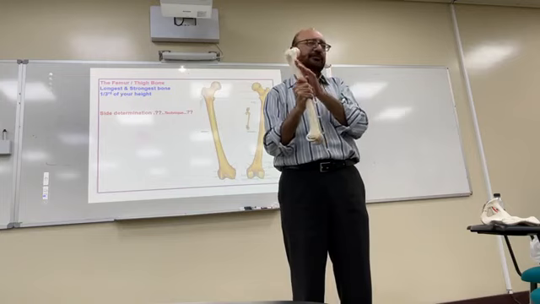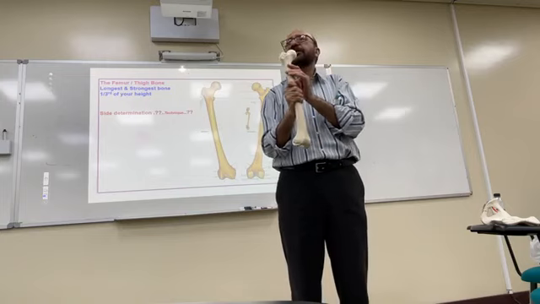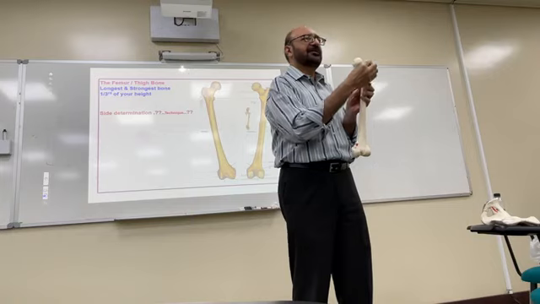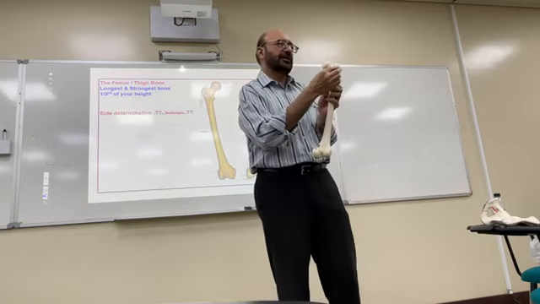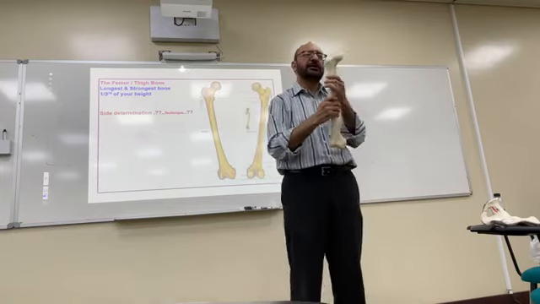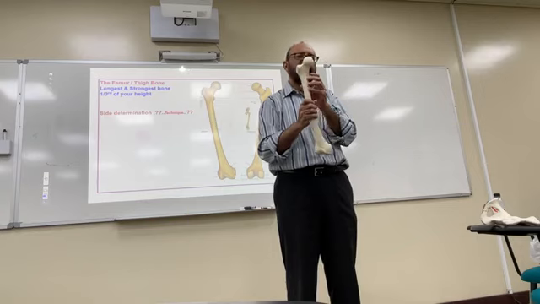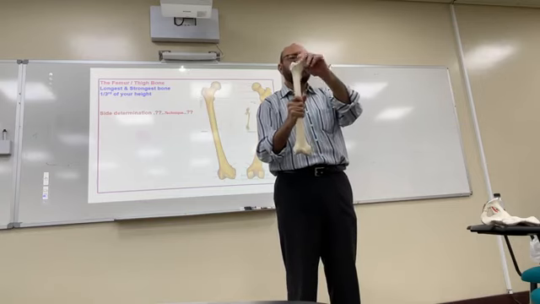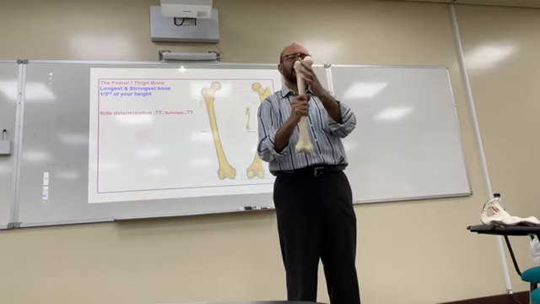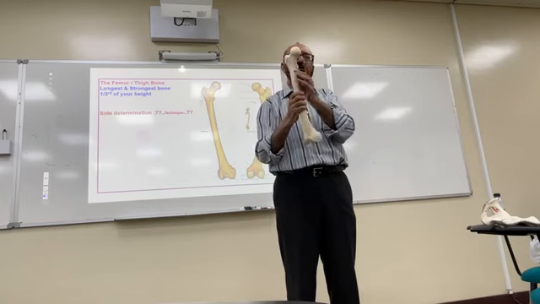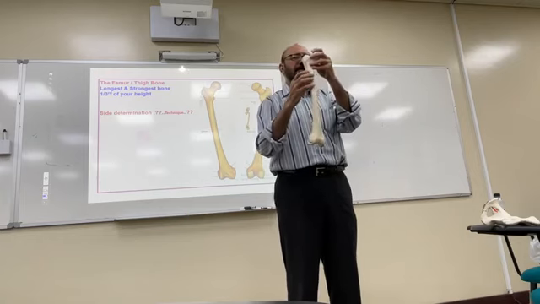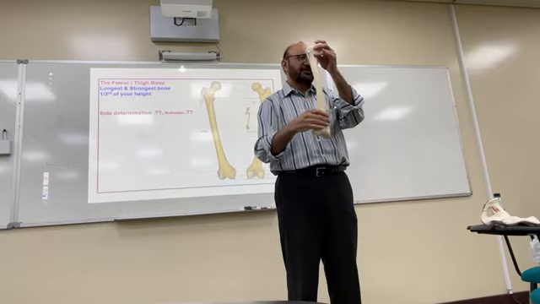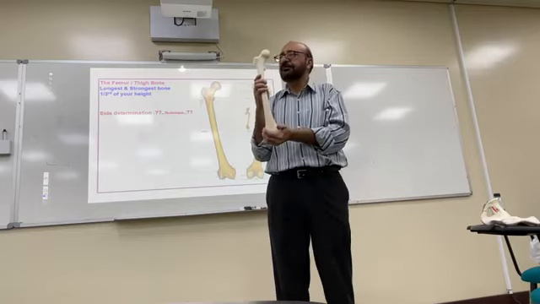Anteriorly it is smooth, the anterior intertrochanteric line. Posteriorly we have a thick crest, the posterior intertrochanteric crest. So identify the main things: head, neck, greater trochanter, lesser trochanter. Then we have the shaft, and then we have the lower end.